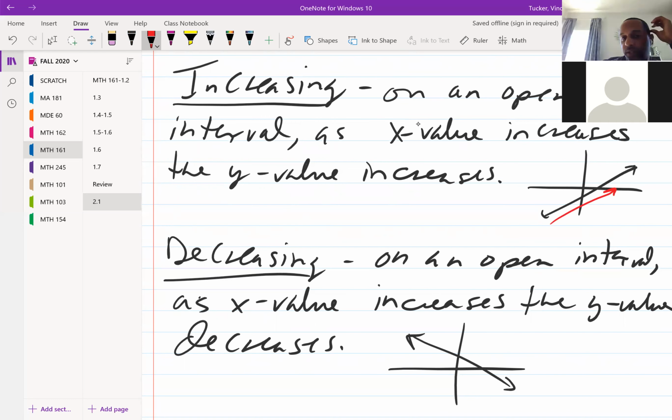Decreasing: your function decreases on an open interval as the x value increases, the y value decreases. So your graph goes down, reading it from left to right.